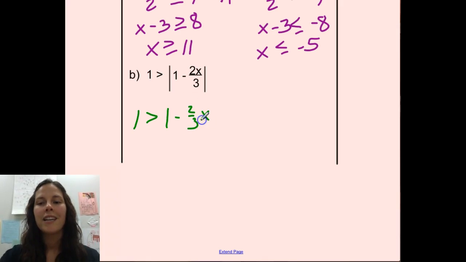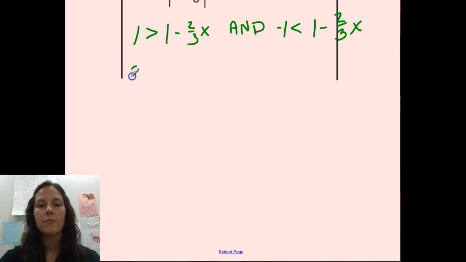So the first inequality you always set up is just exactly what you started with, drop the absolute values. Now we had a less than, so we're setting up an and inequality. Make the number negative, flip the inequality symbol, and then drop the absolute value again.